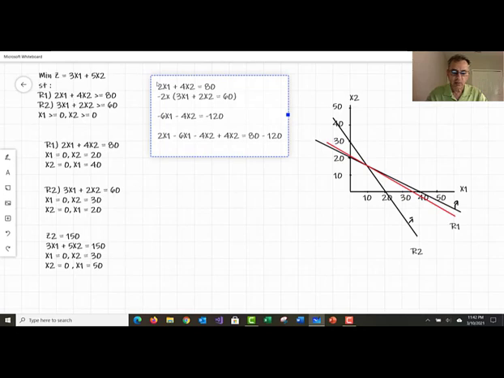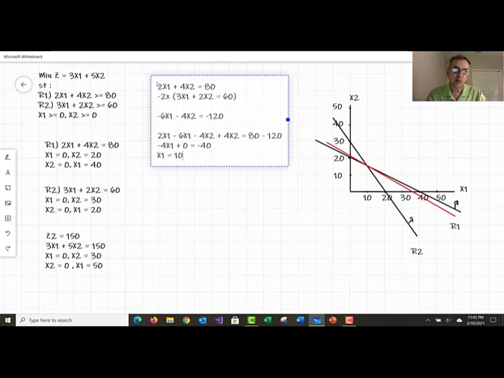That gives me minus 4x1 plus 0 equal to minus 40, or x1 equal to 10.